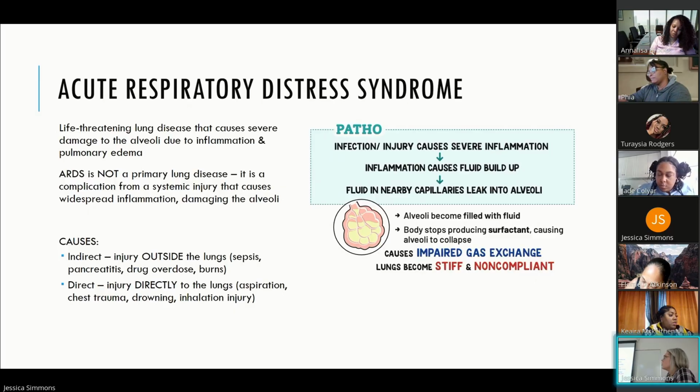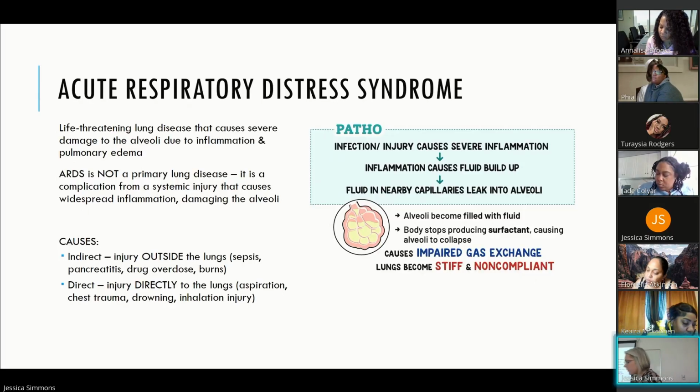Okay, so ARDS is a life-threatening lung disease that causes severe damage to the alveoli due to inflammation and pulmonary edema. It is not a primary lung disease. It is a complication from a systemic injury that causes widespread inflammation, damaging the alveoli.